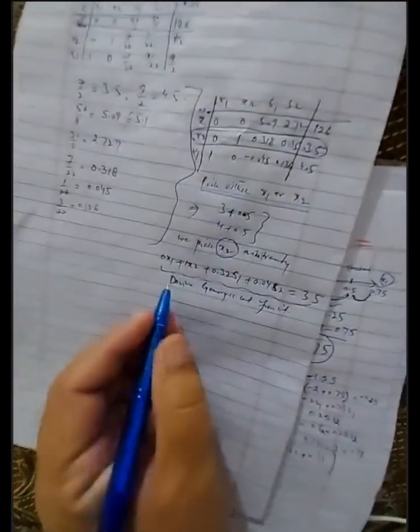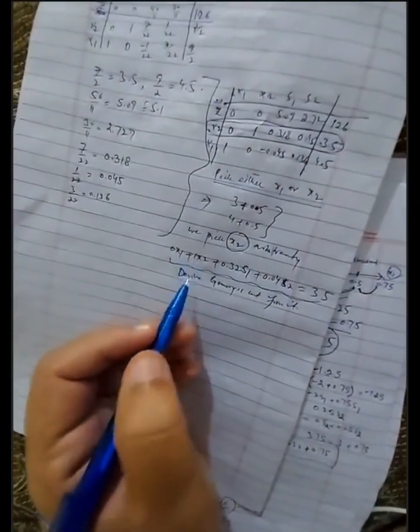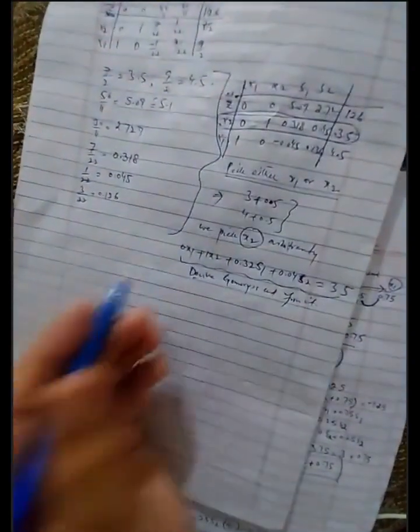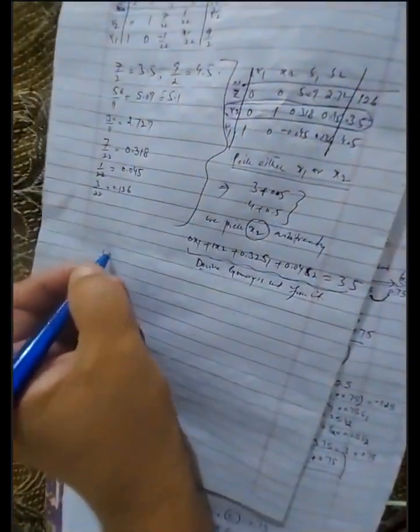Okay, so here now I will derive the Gomory cut from it. Now, how to derive the Gomory cut? Do you know the procedure of it?